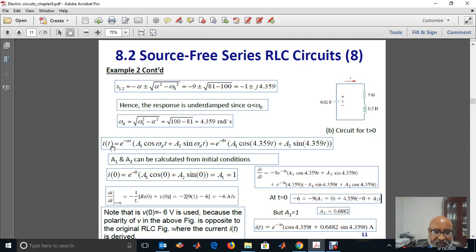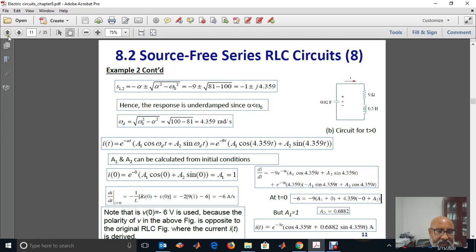Then the response for the underdamped situation is e raised to minus alpha t times A1 cos omega d t plus A2 sine omega d t, which is equal to e raised to minus 9t times A1 cos omega d t plus A2 sine omega d t. This is omega d. Now, where do we get A1 and A2?